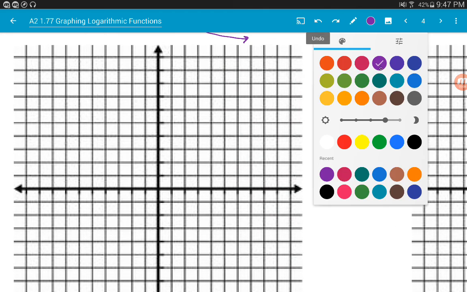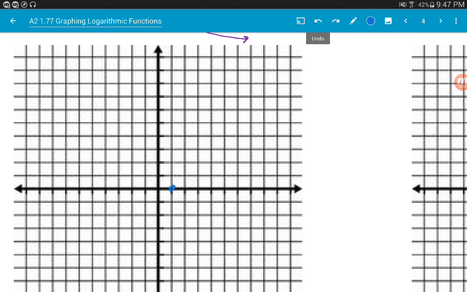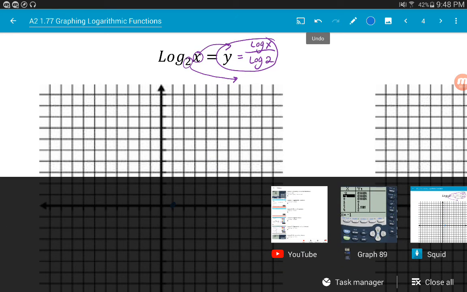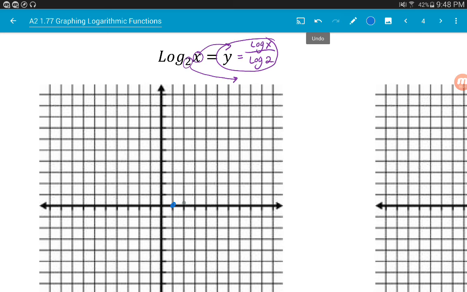And change my colors a little brighter. 1, 0. The other point was 2, 1. And then 4, 2: 4 over, 2 up. And 5, 6, 7, 8 over, and 3 up.